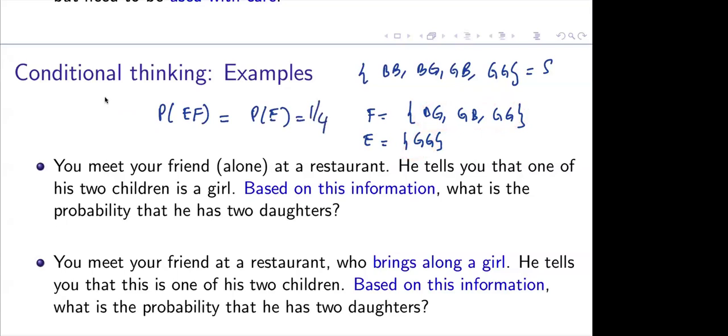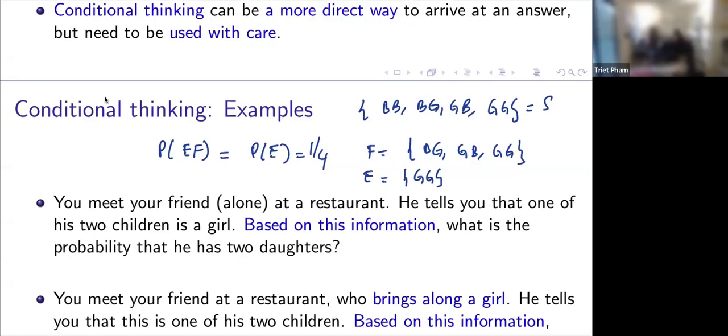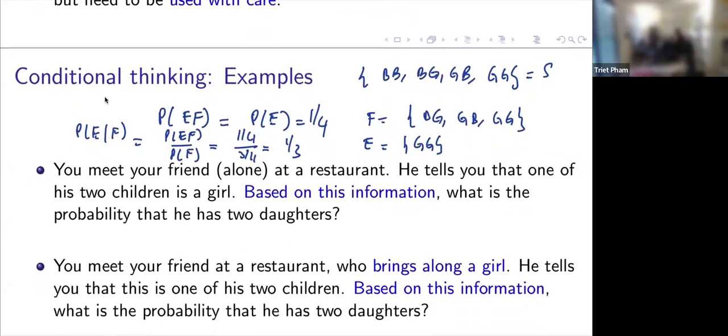So what you're doing is you want to do it by definition. P of E given F is P of EF over P of F, which is 1/4 over P of F, which is 3/4, which gives you 1/3. What I was getting at actually was that since you saw that F is this and E is here, you could use conditional thinking to get to the answer of 1/3 right away.